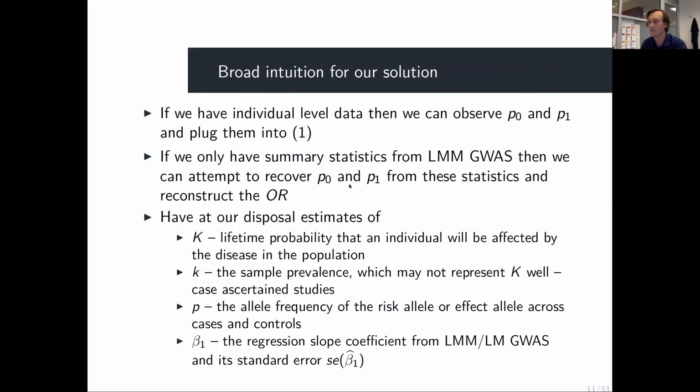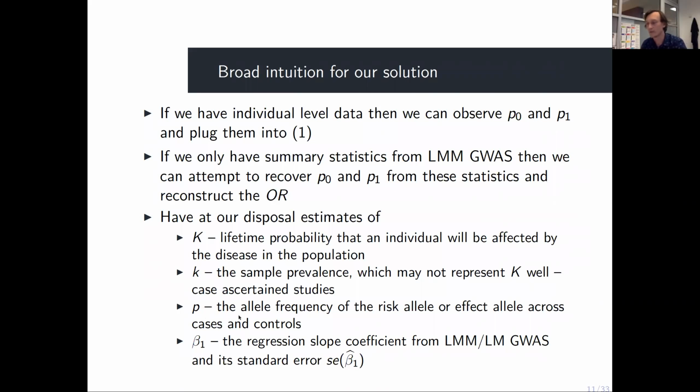So what do we have? What are the observables at our disposal? We have big K, the lifetime probability that an individual will be affected by the disease. We have the sample prevalence, little k, which may not represent big K well, especially when you oversample cases relative to controls, then little k deviates quite substantially from big K, depending on how the study is designed.